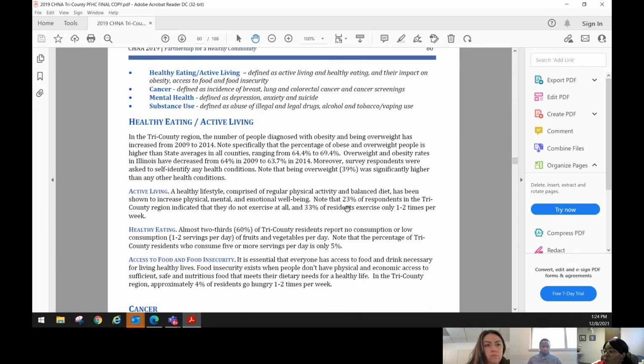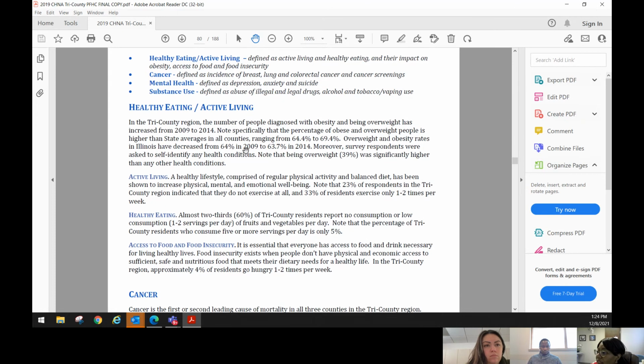So let's just look at why, just high level. Healthy eating, active living was selected because the number of people diagnosed with obesity and being overweight has increased from 2009 to 2014. So it's an upward trend.